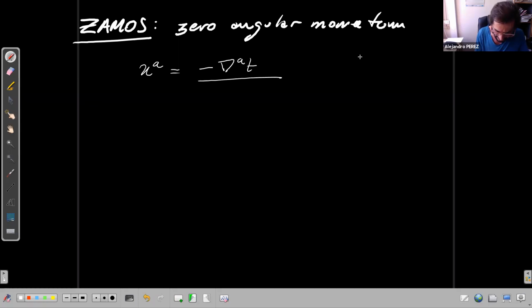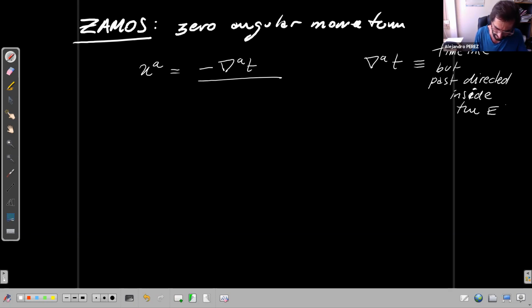So it turns out that the gradient of the function t is time-like, but past directed, inside the ergosphere. Well, once you know that it's time-like, that it is past directed comes immediately.